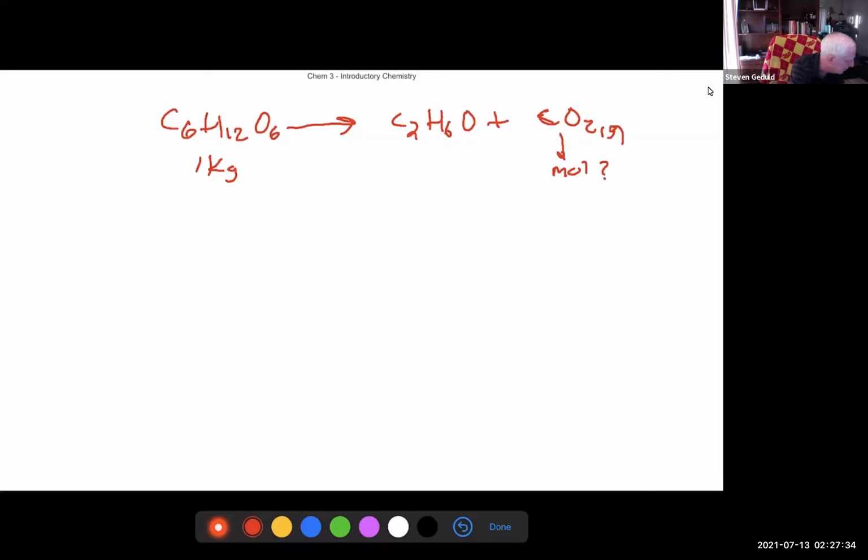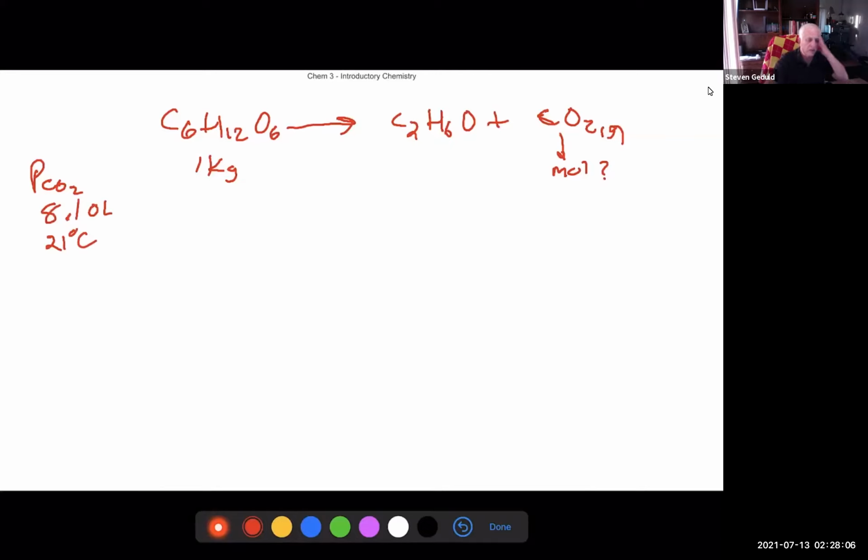And it wants to know the pressure of CO2 if the container is 8.10 liters at a temperature of 21 degrees centigrade. I know there's a lot here right now.